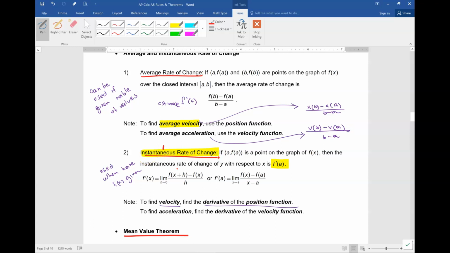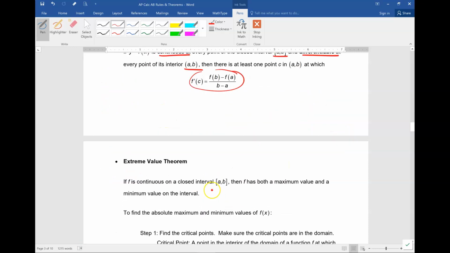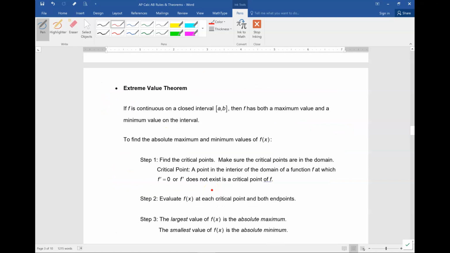And the mean value theorem says if you have a differentiable and continuous function, then there is one point where these two have to be equal to each other. Okay? So they're very much related.